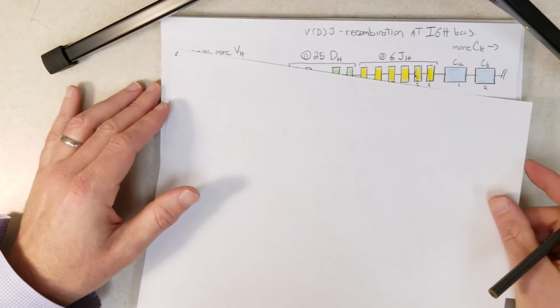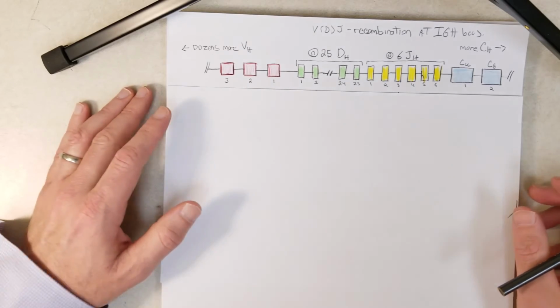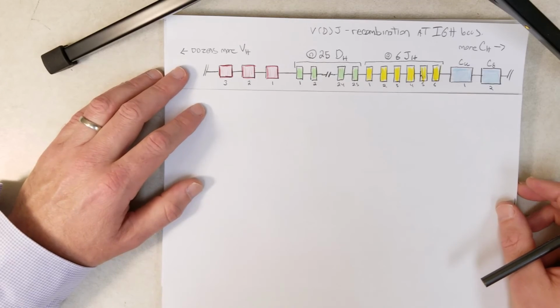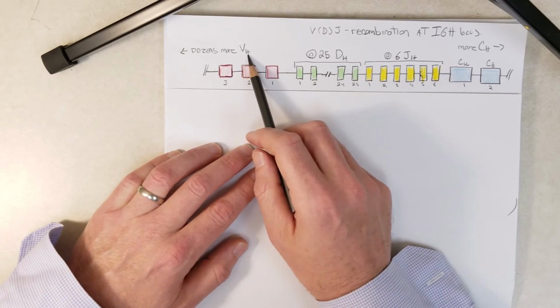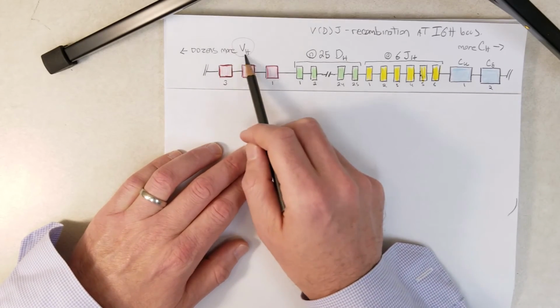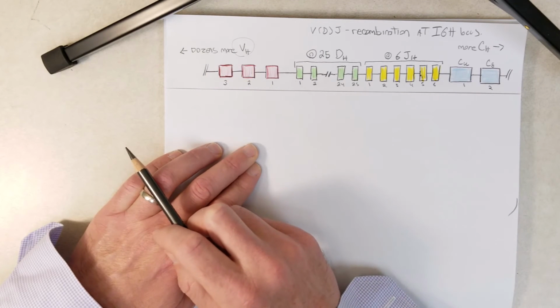So here's my diagram of the IGH locus in humans. Again, it's hard to get multiple references that agree on the number of VH segments, the variable gene segments at the IGH locus in various humans.